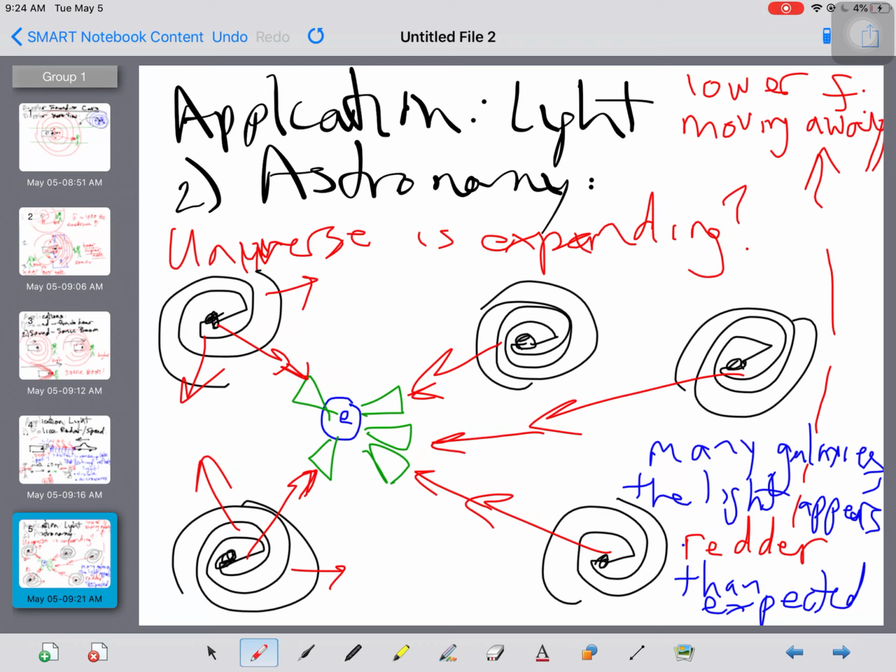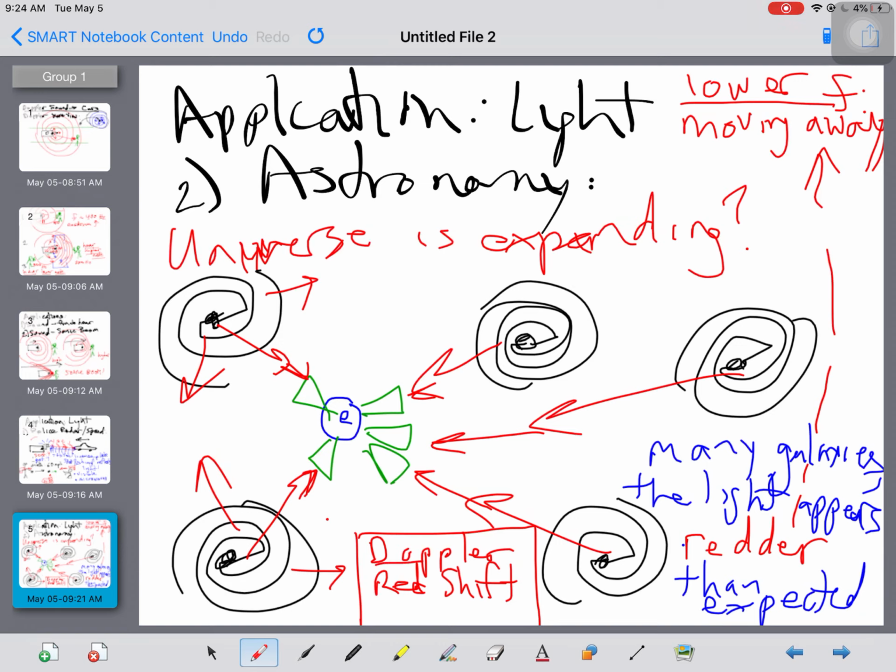So really the prime piece of evidence people use to claim the universe is expanding is known as, and they taught you this in earth science, the Doppler Red Shift. And what that means is when we put our telescopes on a lot of the galaxies that we can see, not all, but a lot, we notice that the light appears lower frequency than we expect.